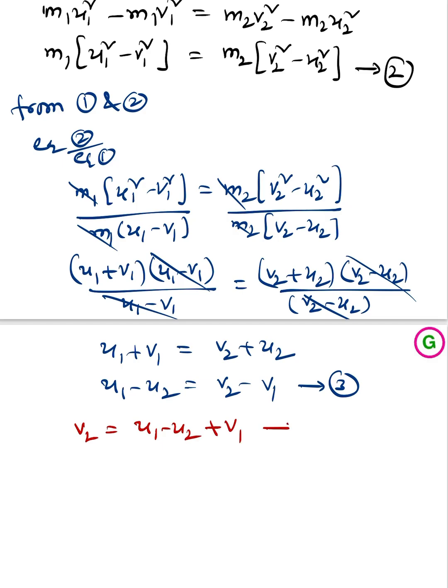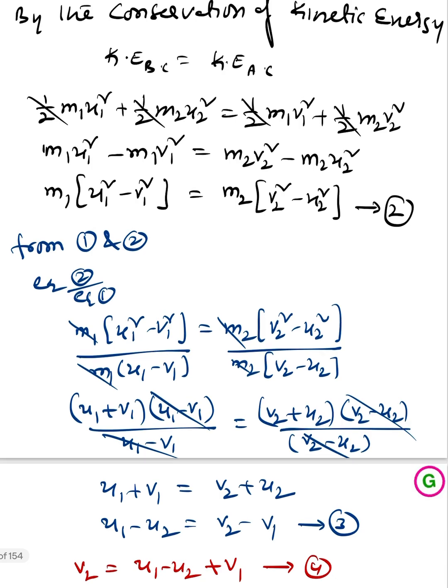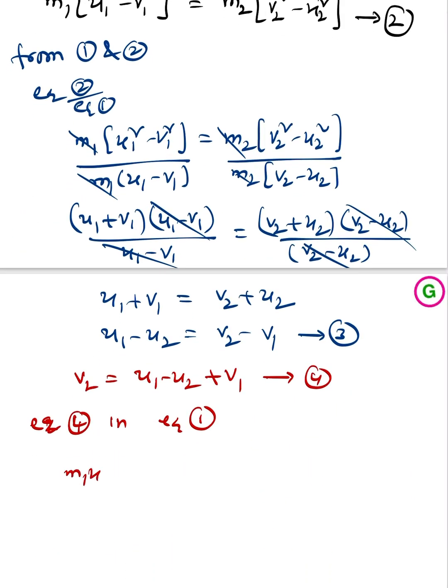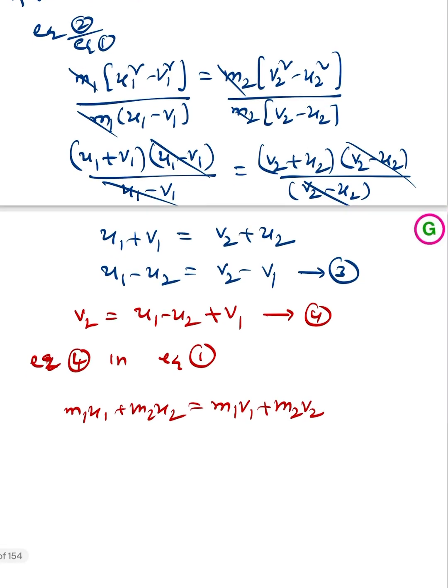This is equation 4. Now substitute equation 4 in equation 1, the conservation of momentum equation: m1 u1 plus m2 u2 equals m1 v1 plus m2 v2.